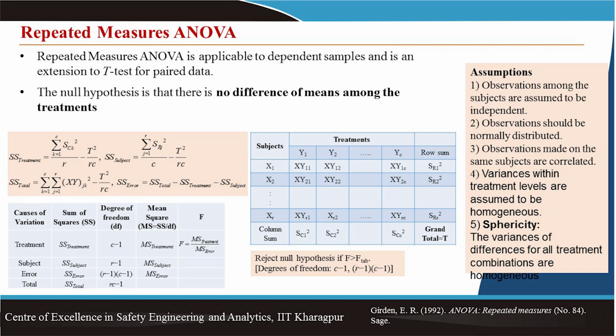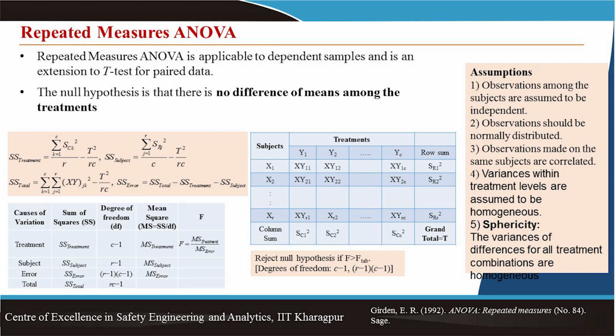So, with this explanation, now the hypothesis is that there is no difference of means, as there are c number of treatments. We can talk about the mean of the first treatment as mu 1, the mean of the second treatment as mu 2, and like this the mean of the c-th treatment will be mu c. This is the null hypothesis.